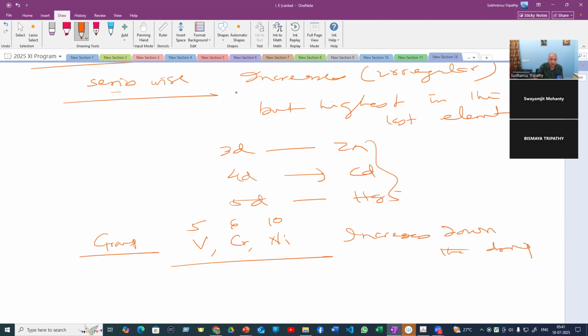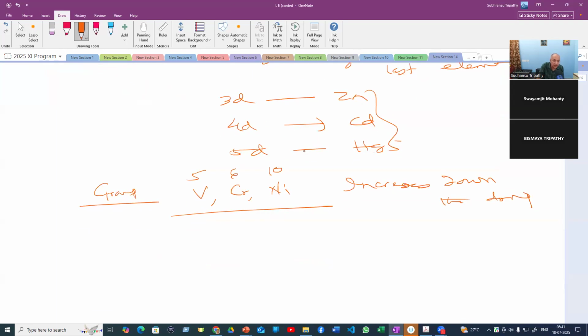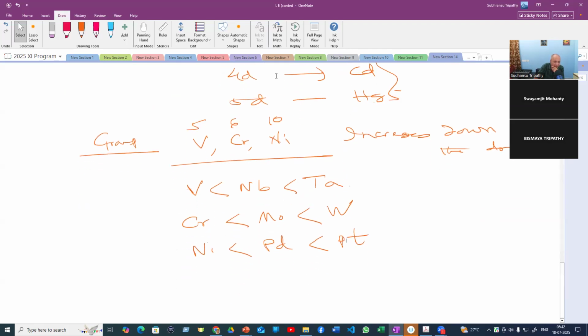So that means vanadium is less than niobium, less than tantalum. Similarly, chromium less than molybdenum, less than tungsten. Nickel less than palladium, less than platinum.